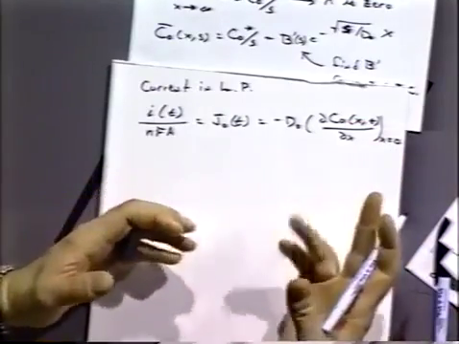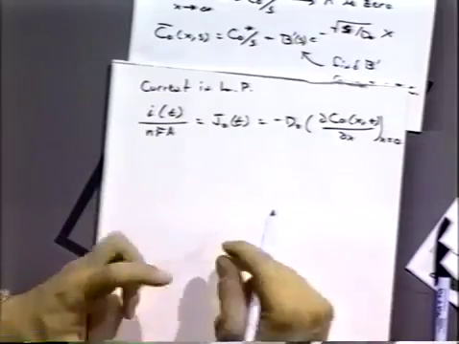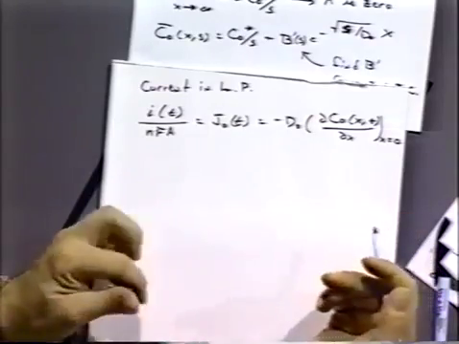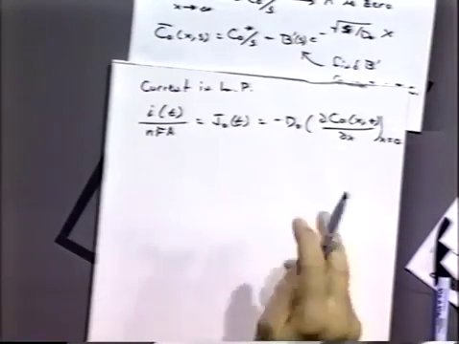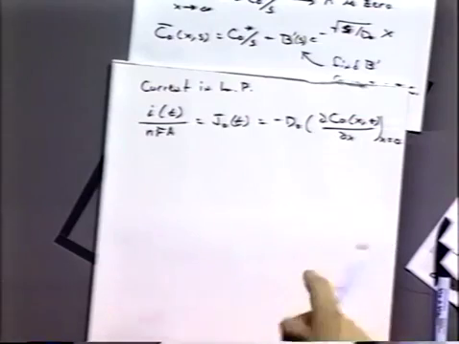In other words, solving this is a concentration gradient at a particular time at the electrode interface. So the sharper the gradient, the larger amount of current is going to be flowing, as we'd expect.